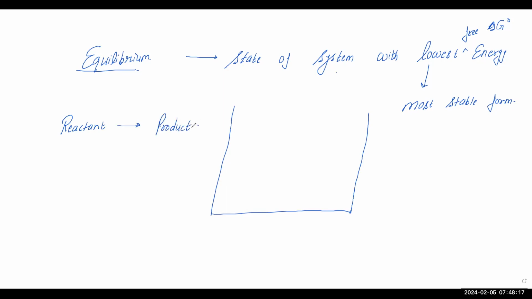Let's say this is the energy of the reactant. This is ΔG, the free energy, which is called Gibbs free energy.